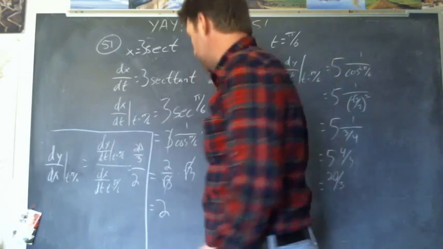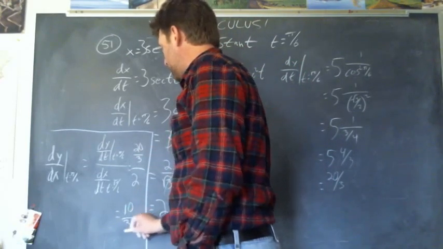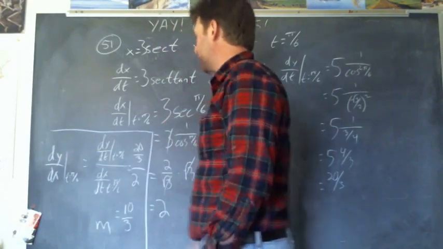Sorry if that looked a little sloppy. 20/3 divided by 2 is going to be 10/3. That's our slope. Slope is first derivative.